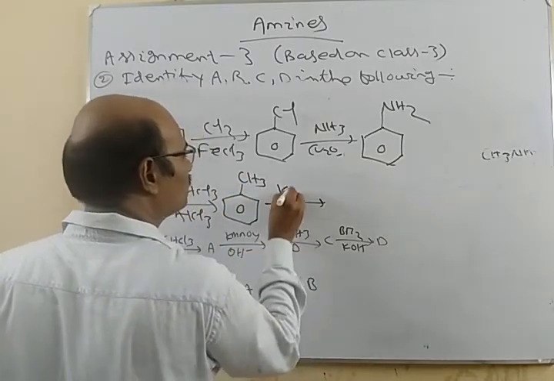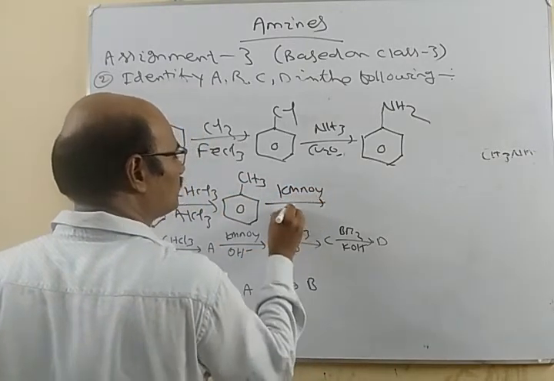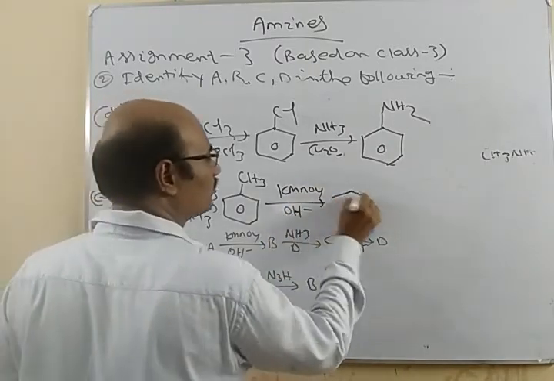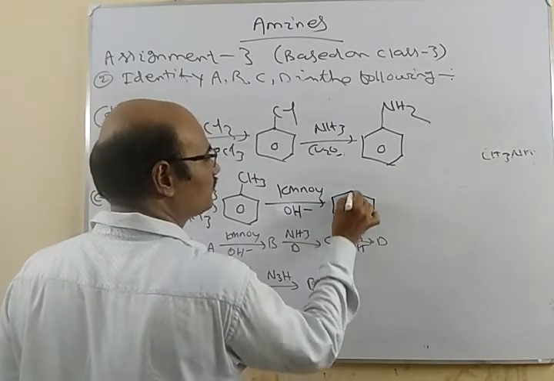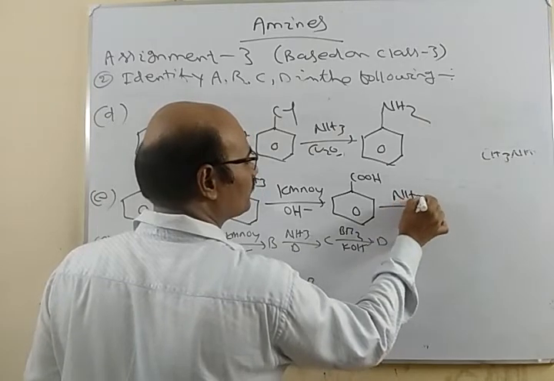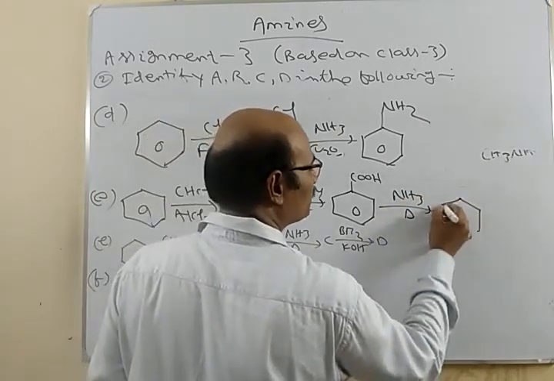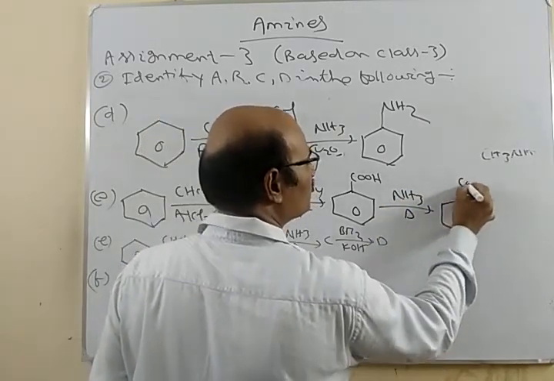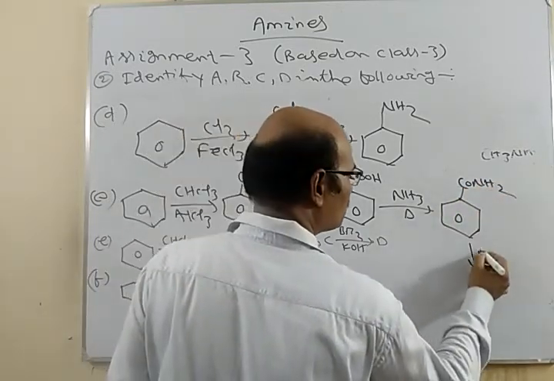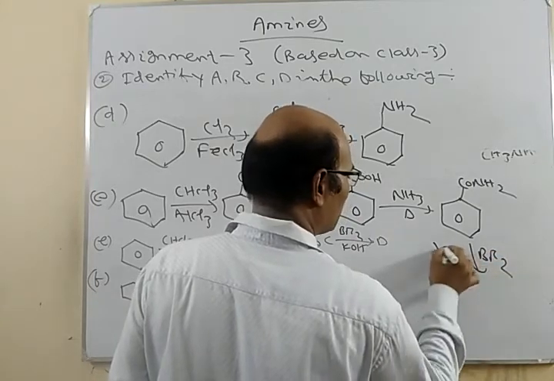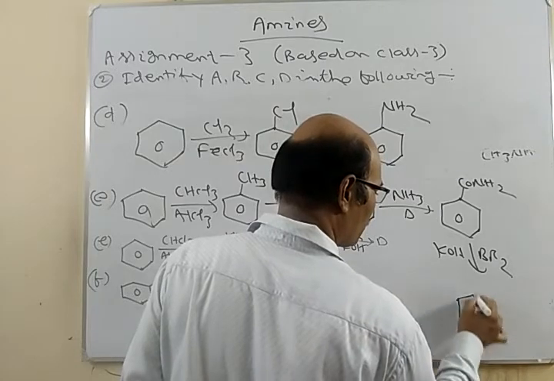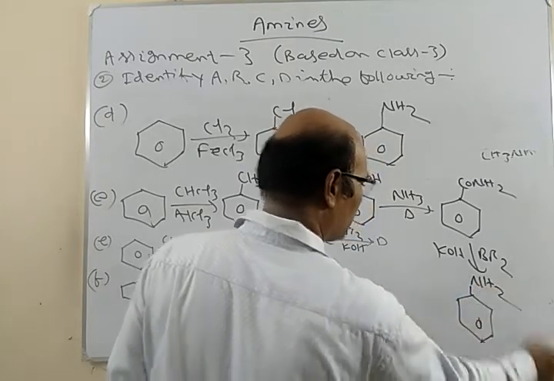Toluene under oxidation in alkaline medium will give what? Benzoic acid. This again with NH3, heat, will give what? Benzamide. Br2/KOH gives aniline.